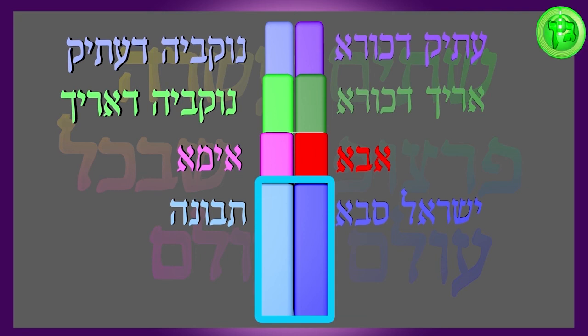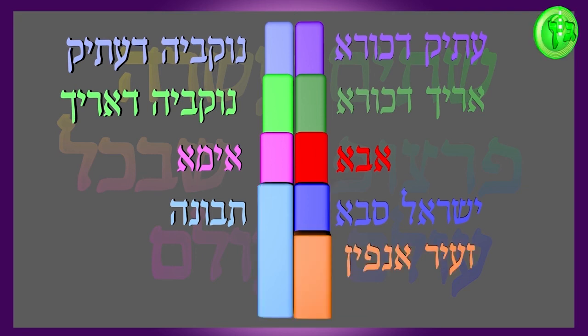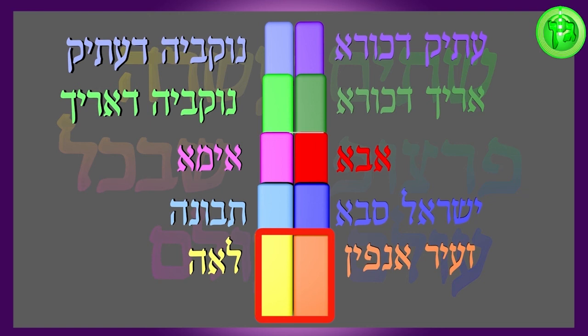And after Yisrael Saba and Tevuna, then come along the Partzuf known as Ze'er Anpin in the color orange, as well as the Partzuf known as Leah in the color yellow. And of course, they too make up the male and the female sides of another general Partzuf, which we'll learn about in the near future.